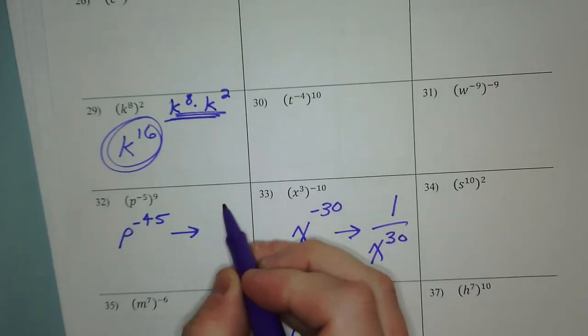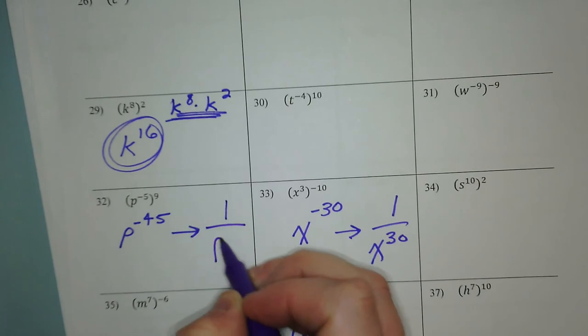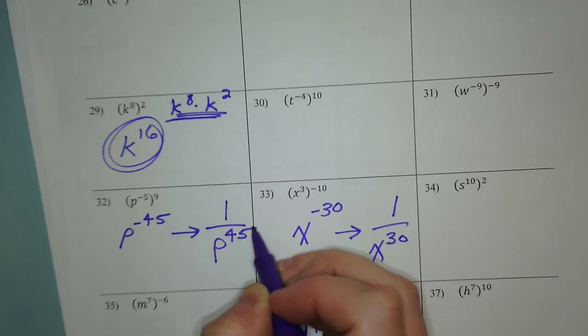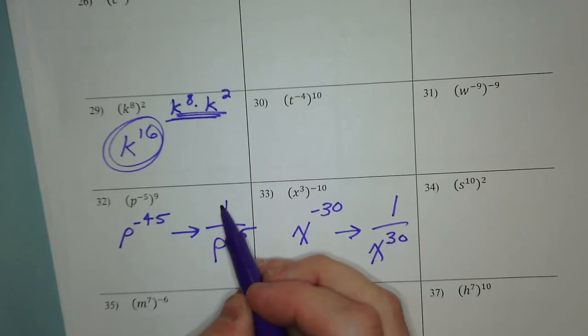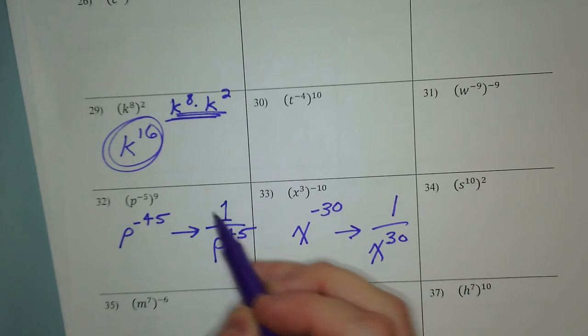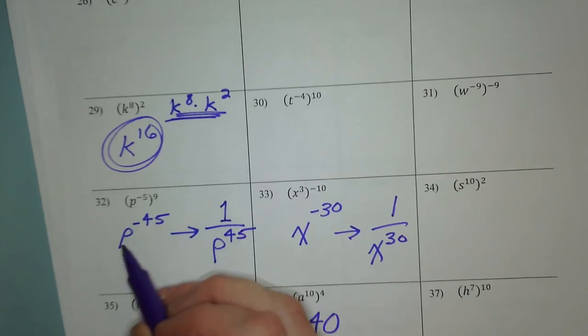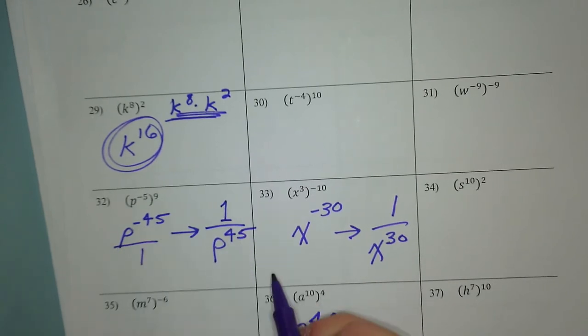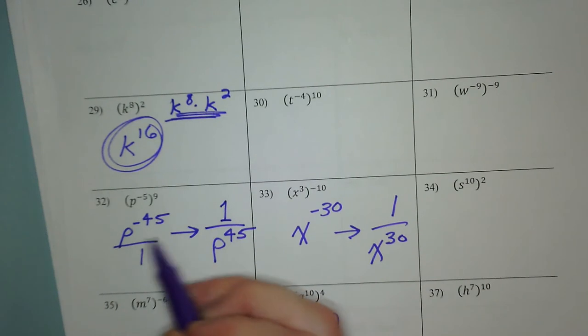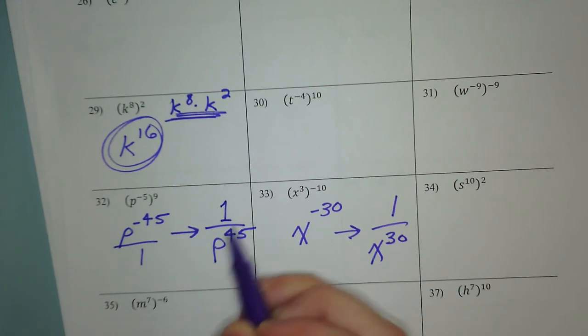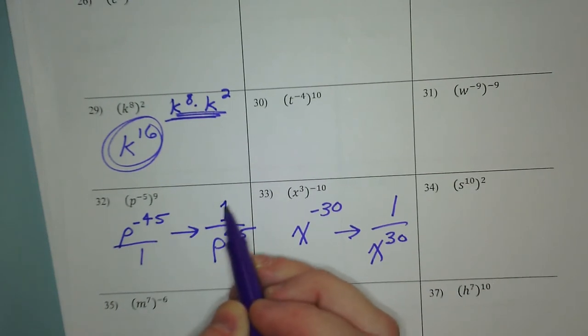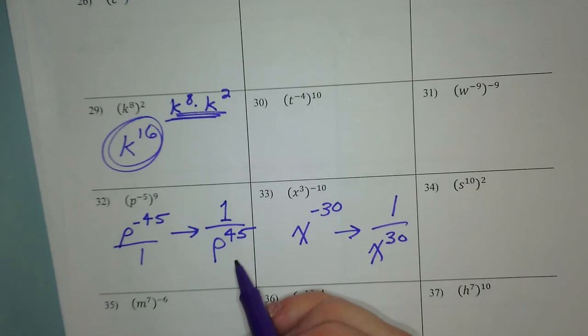No. You have to move it down to the denominator. So in this case, you would have a 1, because right now, technically, it's over 1 in a way. And when you move this down to the denominator, you have a 1 that has to fill that numerator spot.